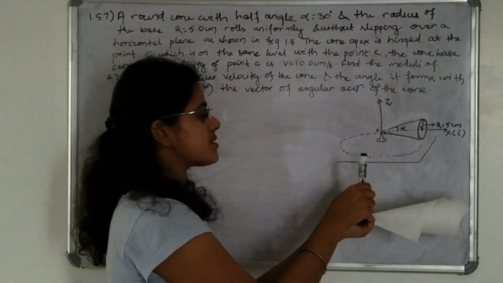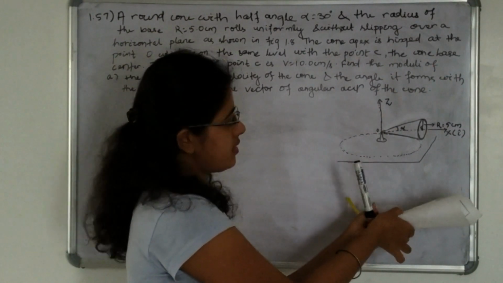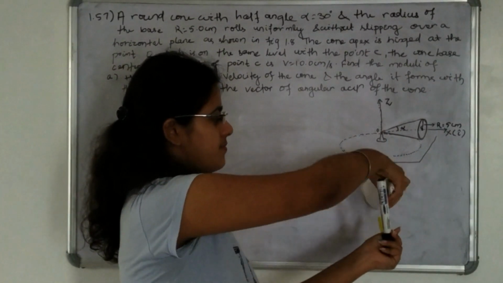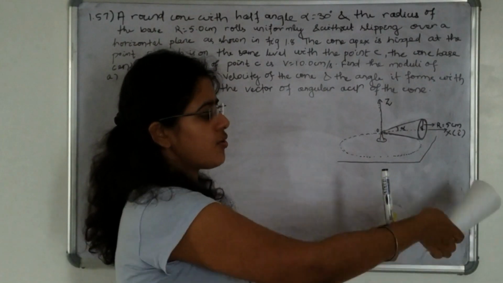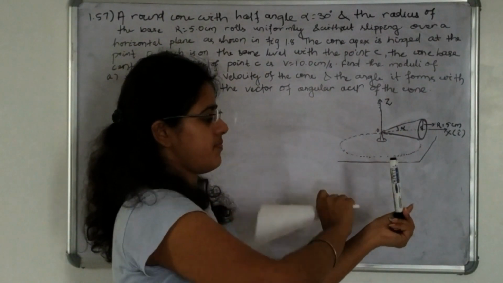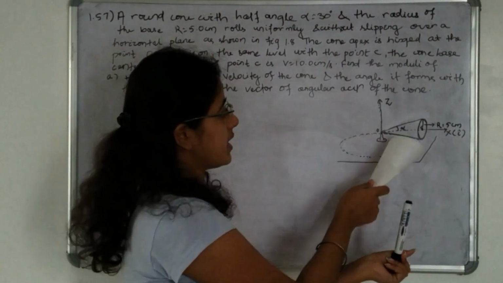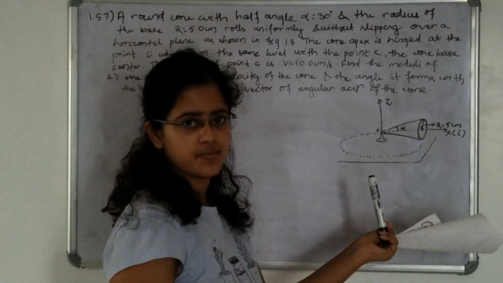The cone is now in this position. As shown in the figure, the cone is revolving like this in the xy plane along the z-axis. In this instant, the cone has reached some point like this.